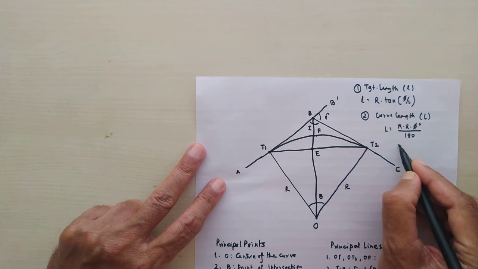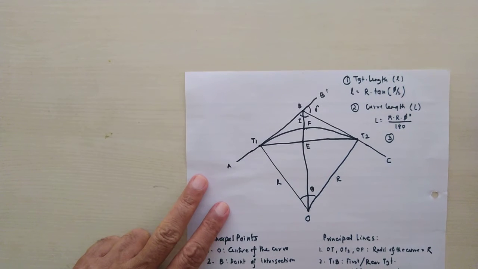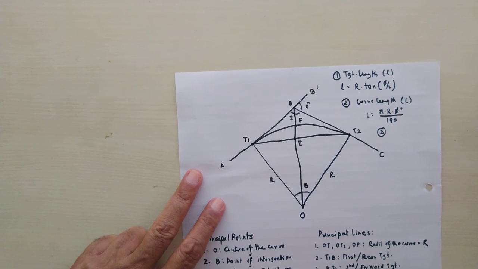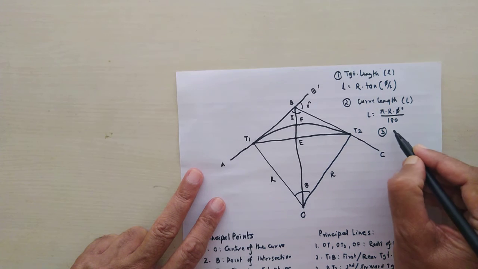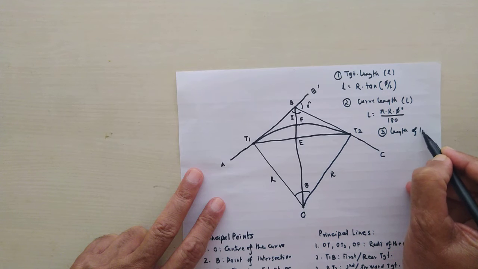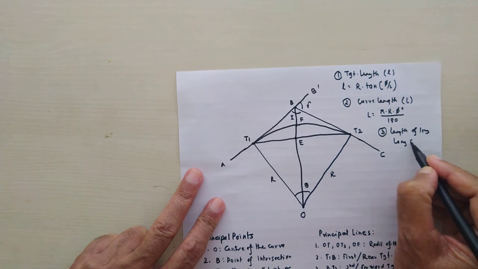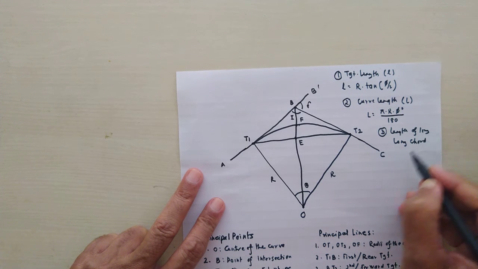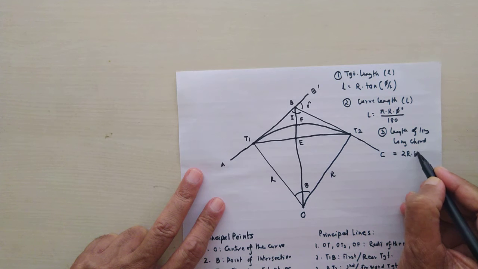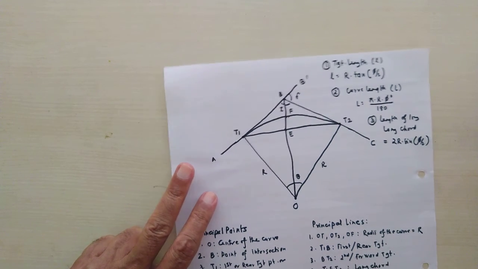And the third important element of the simple circular curve, essentially required in the process of setting out the circular curve, is the length of long chord. It can be shown to be equal to 2 into R into sine of phi by 2, where phi is the deflection angle.